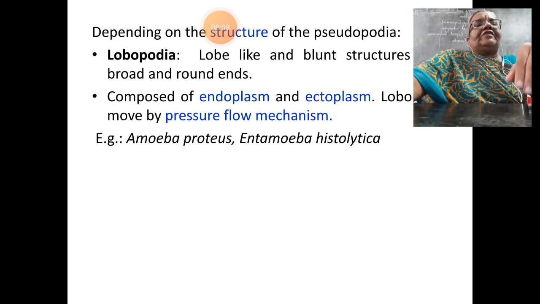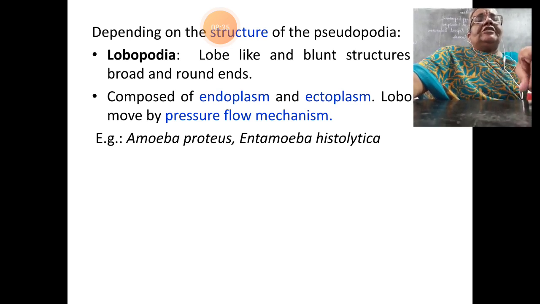Ecto means outside, and the protoplasm which is present inside the cell, much below the peripheral region, is called endoplasm. Endo means inside. Okay. So here the lobopodia are composed of both endoplasm as well as ectoplasm. Please note.